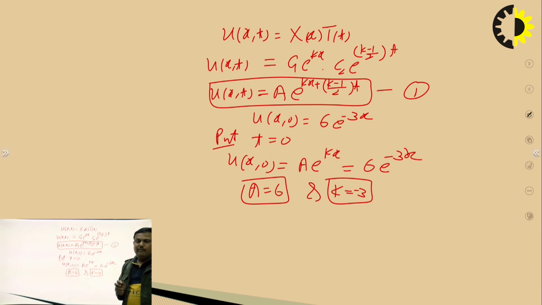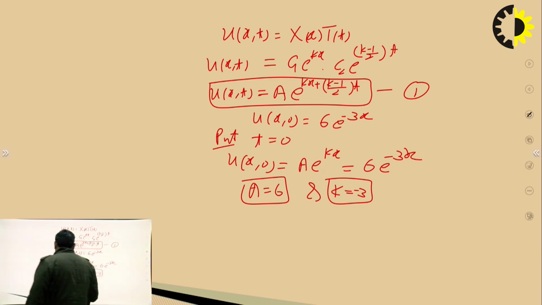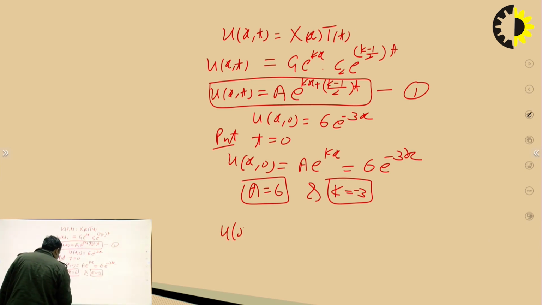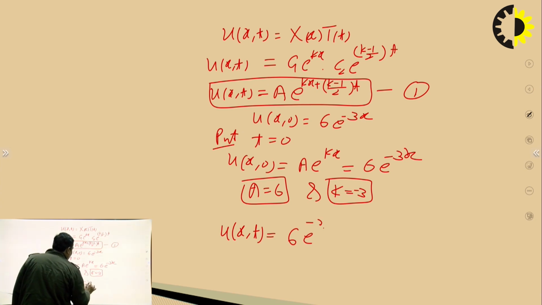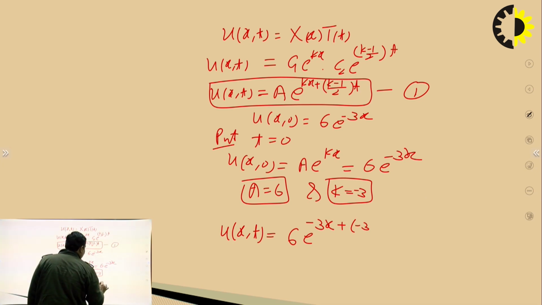Put the constants in the final solution: 6 e to the power minus 3x plus minus 3 minus 1 by 2 t.